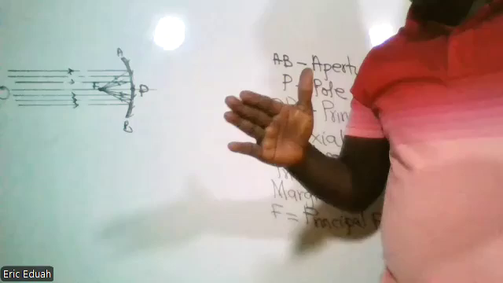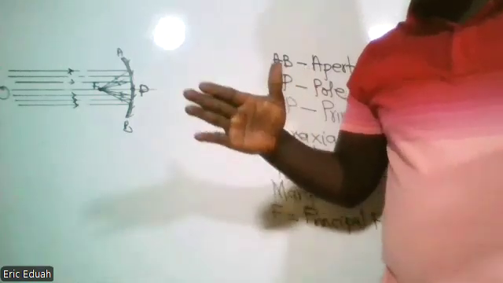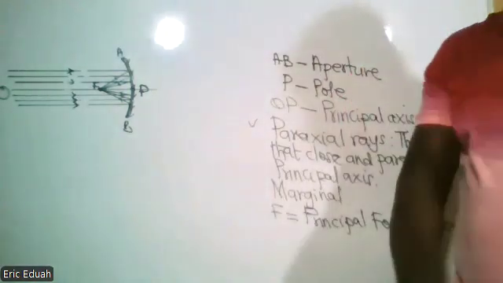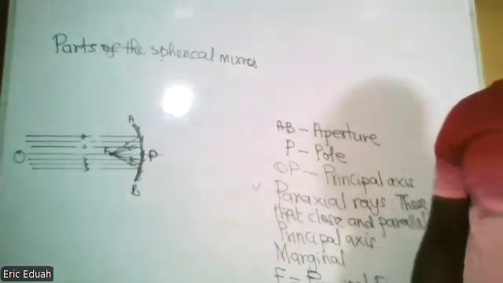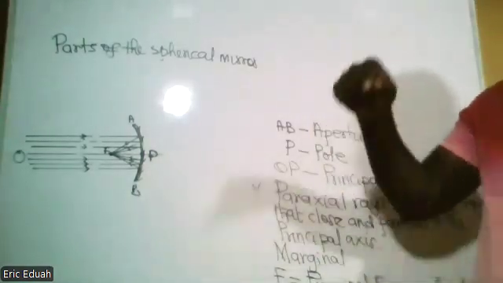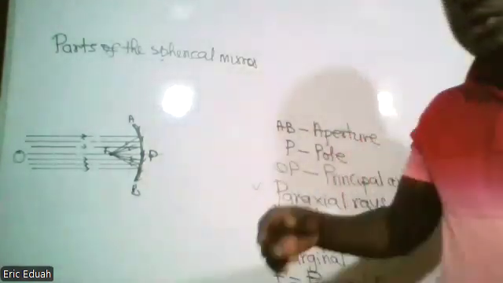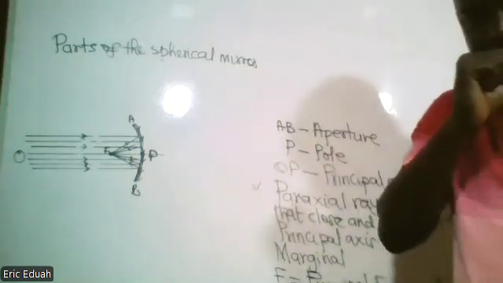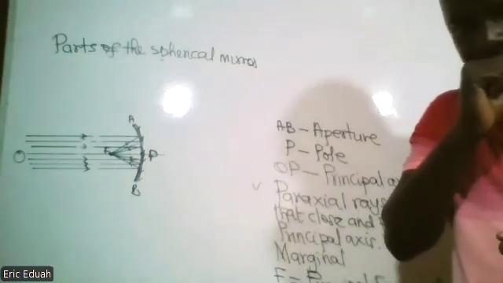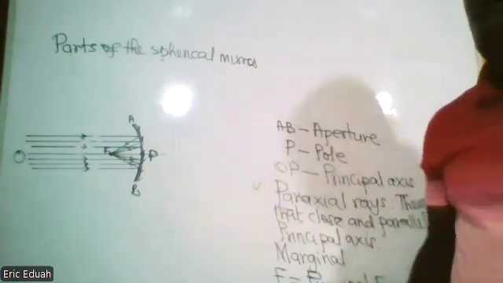It's a point on the principal axis, P, where all paraxial rays converge after reflection. Or instead of using paraxial rays, you can say that it is a point on the principal axis where all rays that are close and parallel to the principal axis converge after reflection.